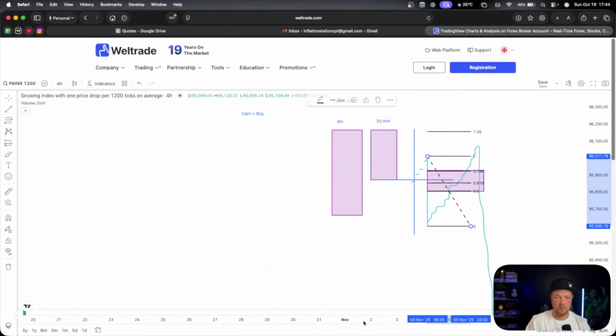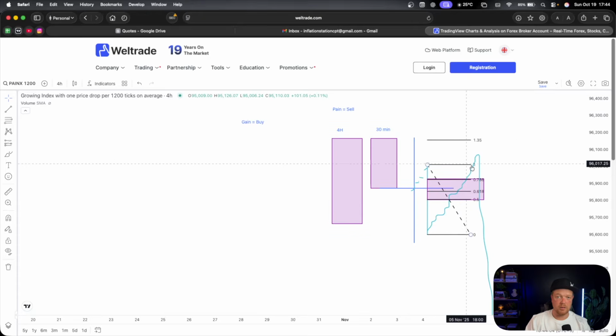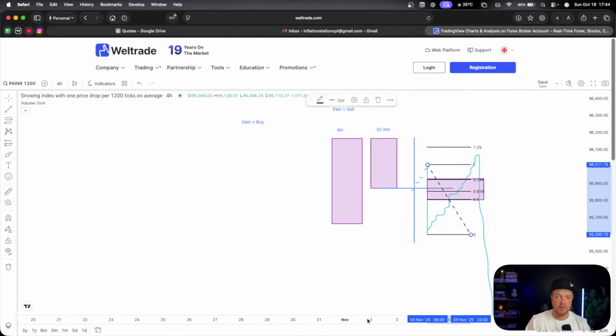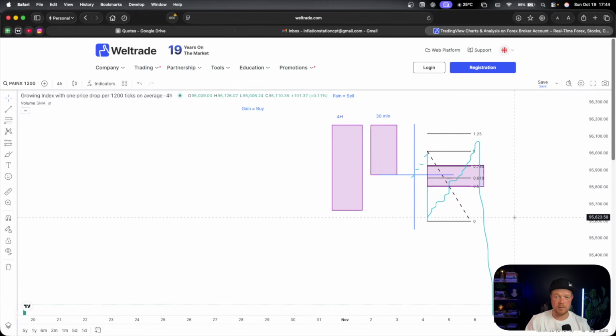That's the one I use as well. And there you can see, so you can use that one as a stop loss if you want to. You can even make it a little bit smaller if you want to, and you can maybe make it 2.5. That's all up to your risk management or your risk appetite.